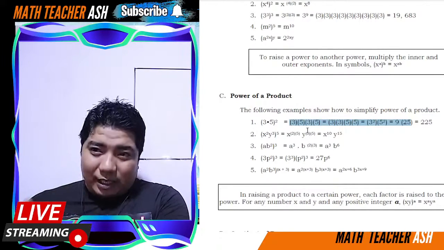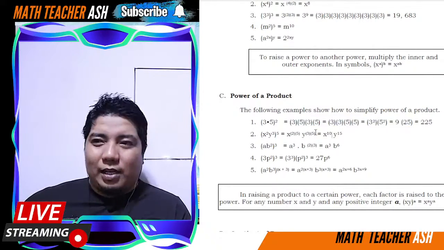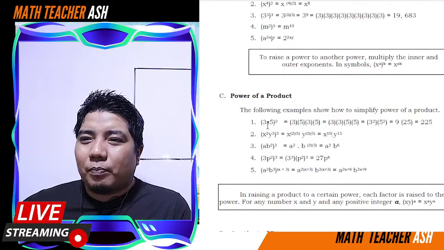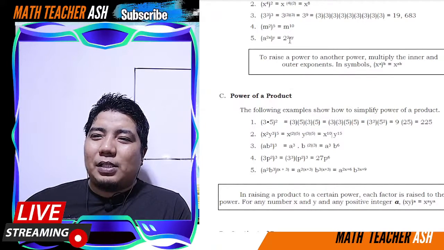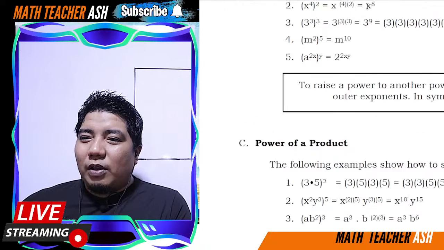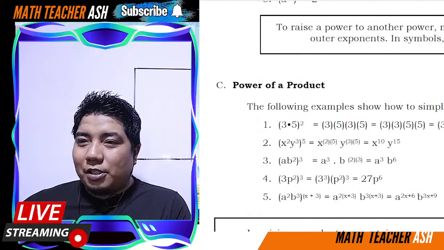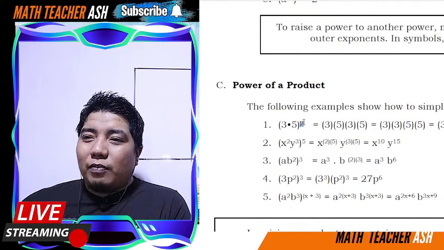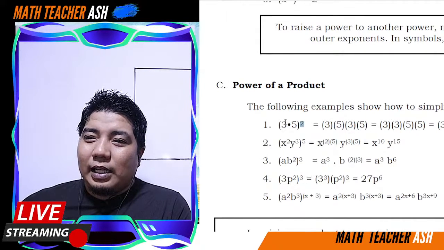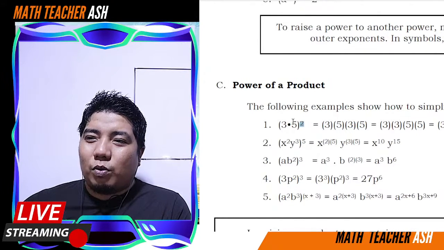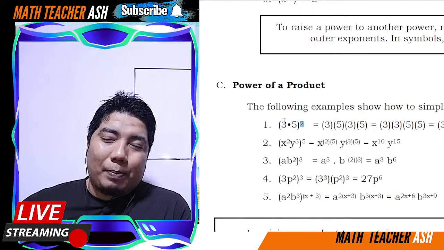Okay, so, in the module, another way din ito. Now, we have 3 times 5 to the power of 2. Itong power of 2 dito, na-distribute siya to the two terms inside the parenthesis.